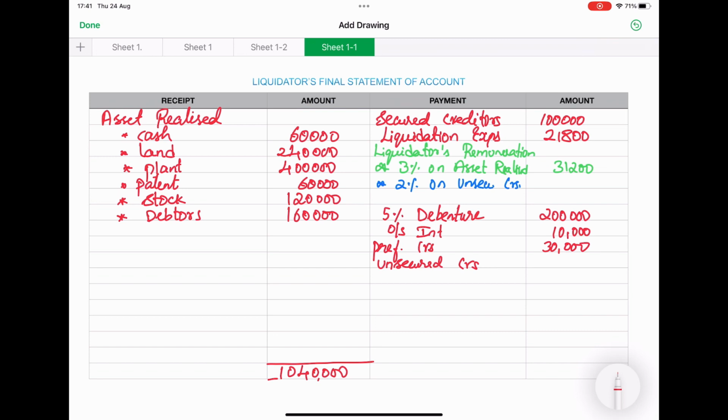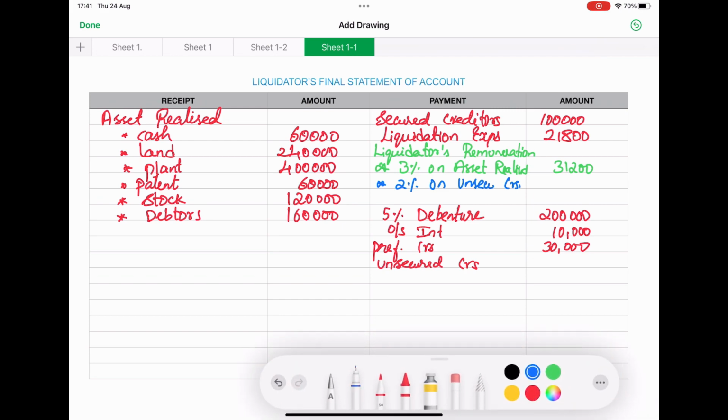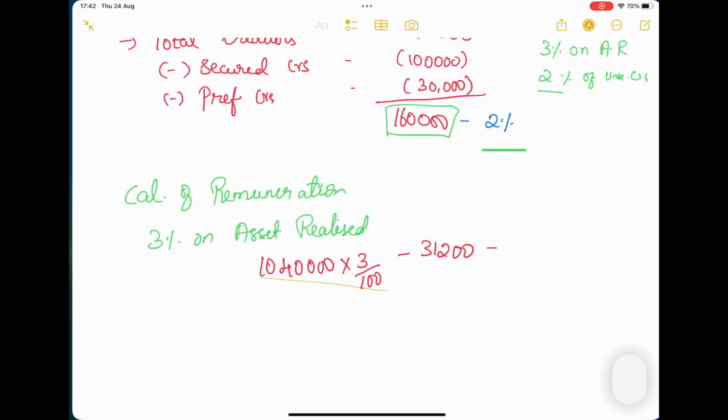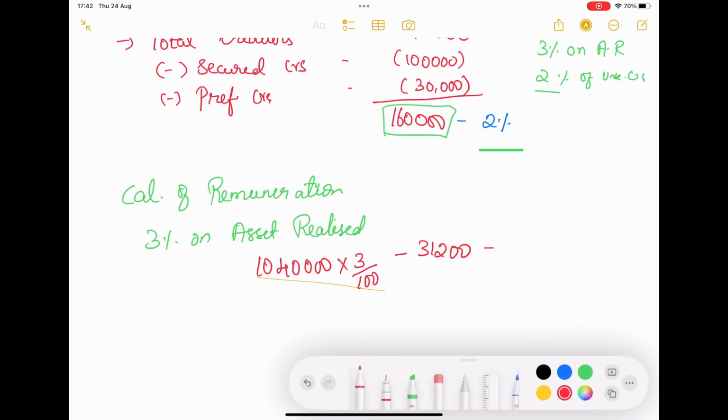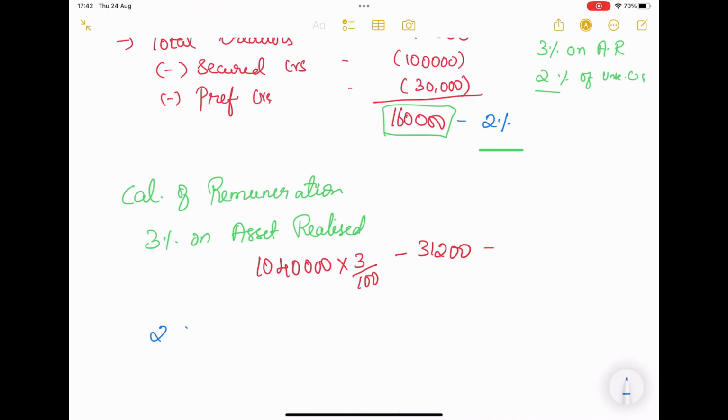So here only we can say that secured creditors are paid fully. So what does it mean? If secured creditors are paid fully, we can pay the remuneration directly, and easily we can calculate, isn't it? So look here, I'll just go and solve it here itself. So 2% on unsecured creditors.